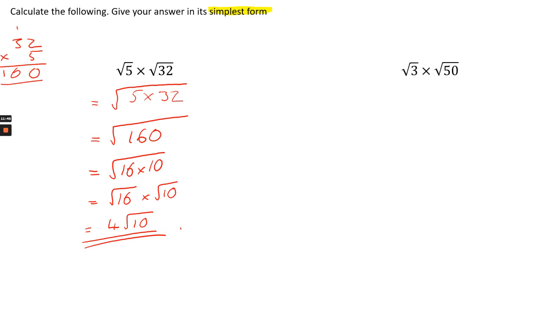One for you to have a go on the screen now. So pause the video. This question, we should see that we're going to have the square root of 3 times by 50.